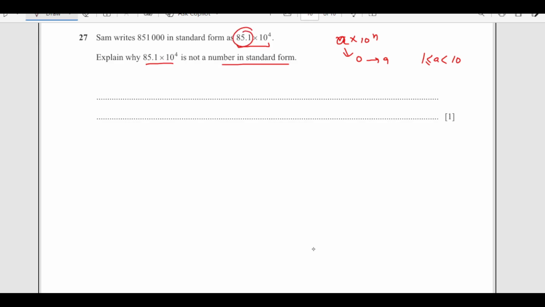So we can write down here the reason: because in a times 10 raised to power n, a should satisfy 1 less than or equal to a less than 10, and 85.1 is greater than 10, it's going beyond that. So that is the reason for that.